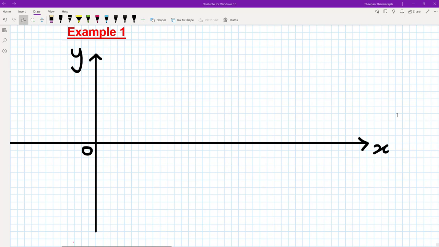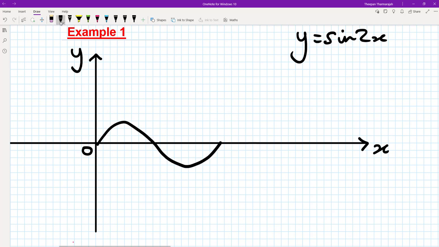The next type of transformation is to do the same thing for sine of 2x. So we want to draw sine of 2x. What we do here, we draw one sine curve, then we draw another sine curve, so I'm going to draw it in another color.